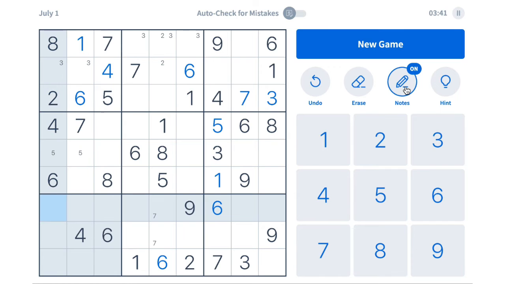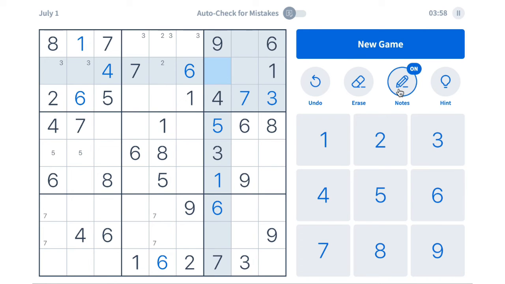Yeah, and in this square, one of these two cells. Alright, let's see. Can we do anything with the 8?